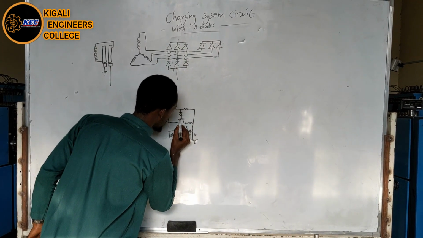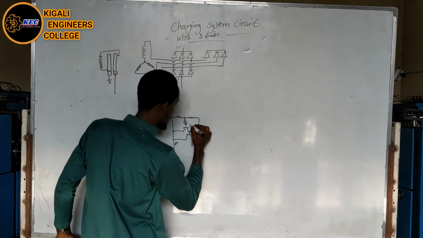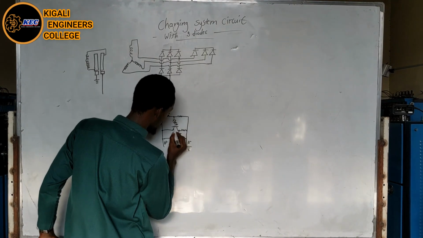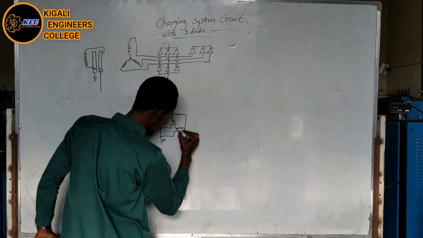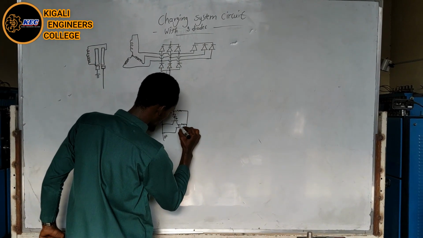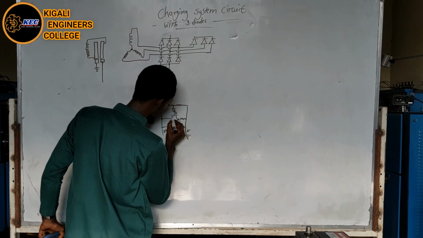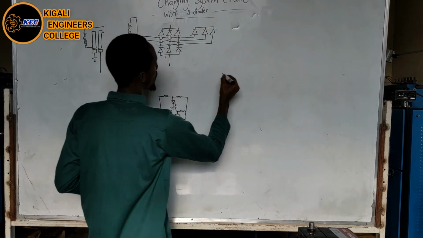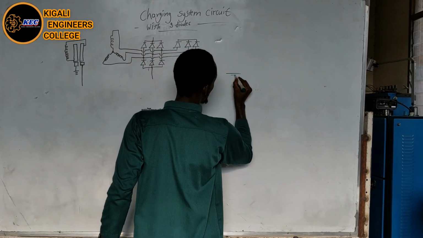So the first one is here we must have a positive. So here we must have a positive, and also here we must have a negative. So we enter, and here we out. And also here let's have a battery, a symbol of battery.